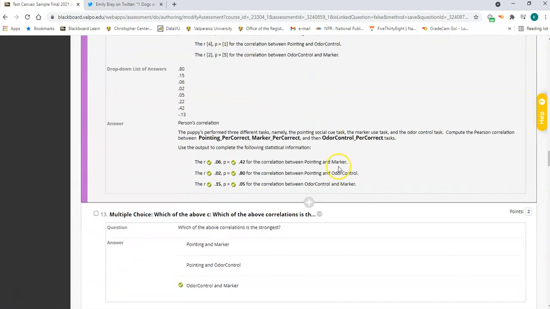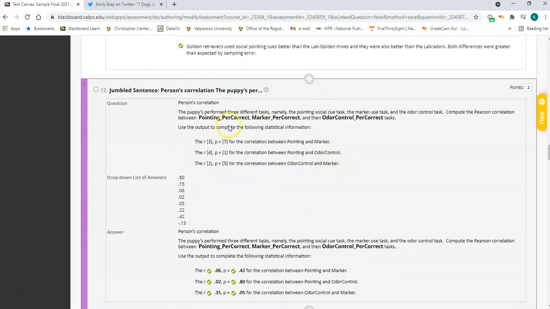All right, next question is going to ask about correlation. And so in this case, we are going to see if the puppy's performance in one task is correlated with their performance in another task.